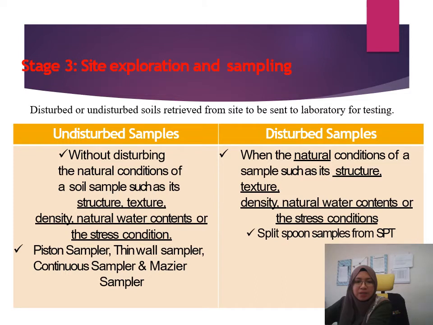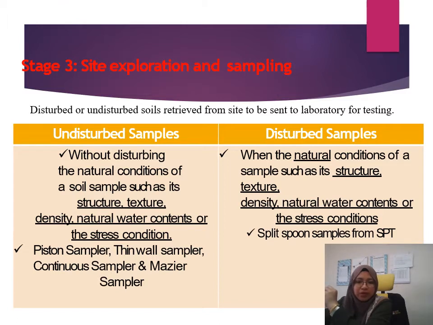Okay, so what about a disturbed sample? It is when the natural condition of a sample, such as its structure, texture, density, water content, or the stress condition, is disturbed. It means something in the process of taking the soil sample disturbs the properties of the soil.